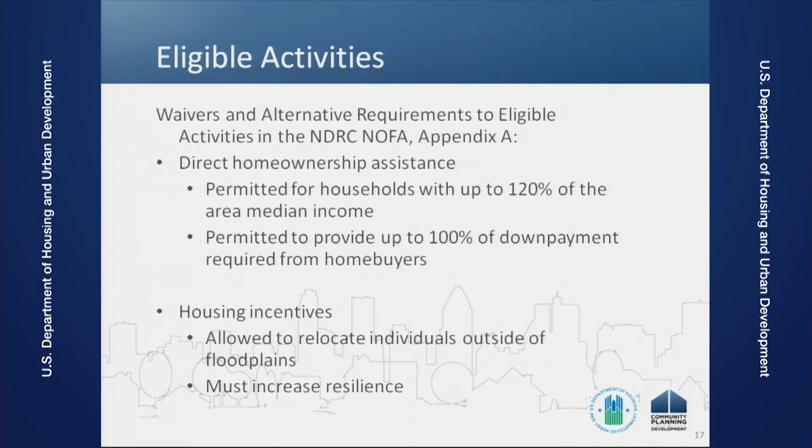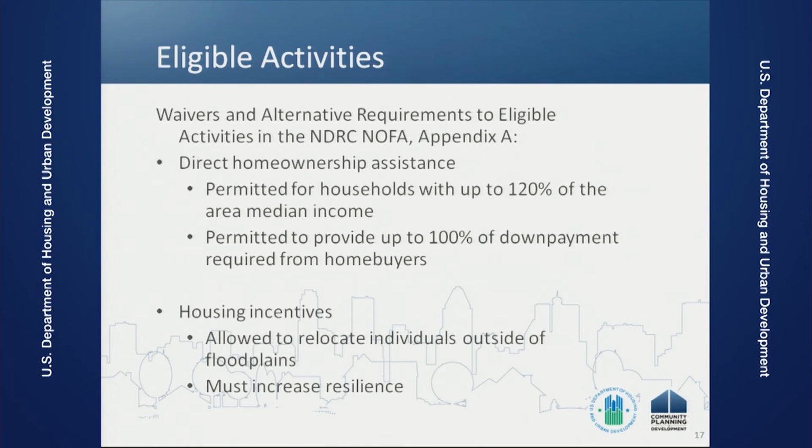Grantees are also permitted to provide up to 100% of down payment assistance required by homeowners. This is up from 50%, which is the usual standard under the CDBG program. HUD recognizes that incentive payments are generally offered to encourage households to relocate to suitable housing developments or areas promoted by communities' comprehensive recovery plan, particularly when households are located in floodplains areas.